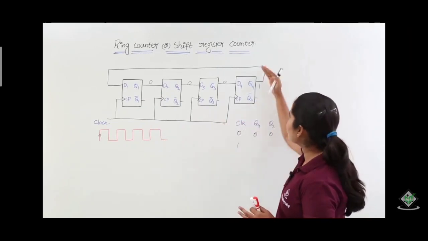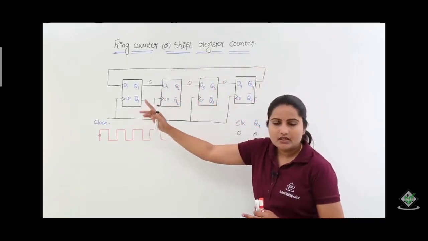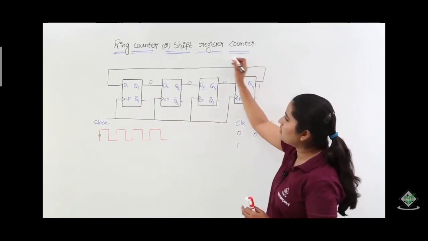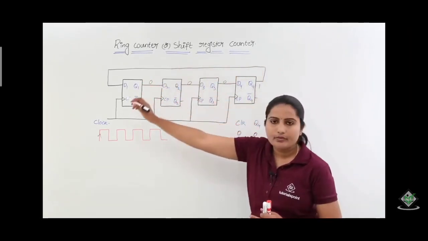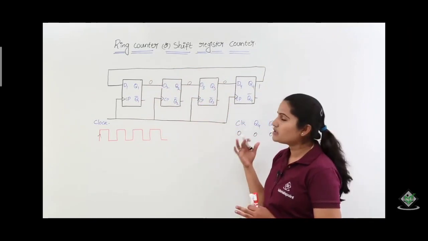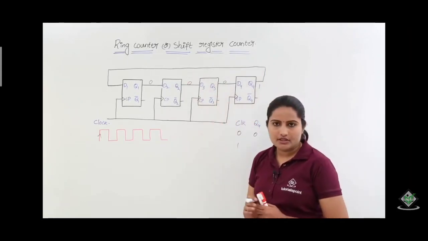Because without this feedback connection, it will work like a shift register. We are just connecting the output to the input as a ring. That is why this is called a ring counter or shift register counter. Without this, it is going to work as a shift register.